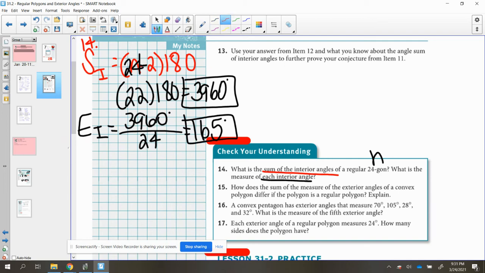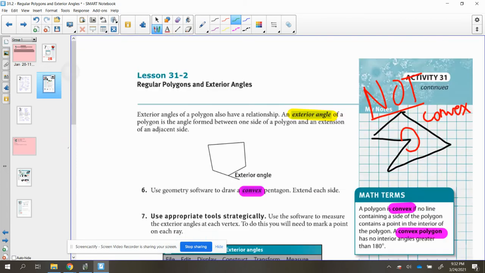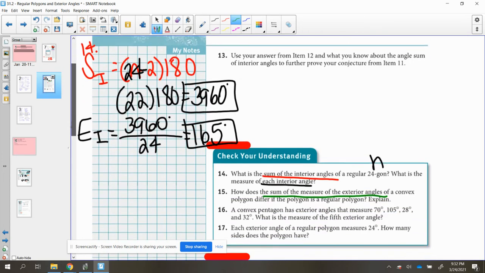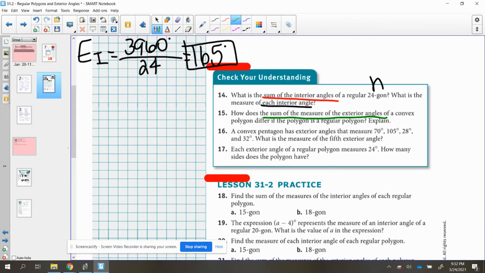Now for number 15, it says, how does the sum of the measure of the exterior angles of a convex polygon differ if it's regular? Well, for the sum of the exteriors, remember, it's always 360 degrees, whether it's regular or not. So when they're asking us, how does it differ?